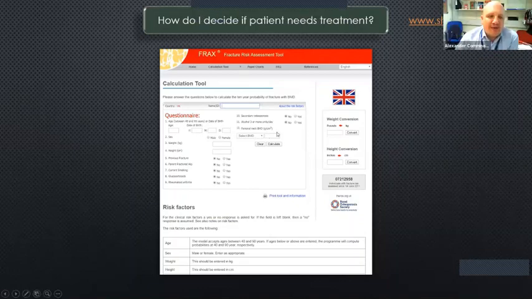And you should ideally put the raw number, the raw bone mineral density number, because if you put a T-score, it's assuming that you have calculated that T-score based on the National Health and Nutrition Examination Survey data, which is in 20 to 29-year-old women of Caucasian origin. And a lot of scanners like us at Imperial, we don't tend to use that as our baseline comparison data. So you should put the raw bone mineral density in here.